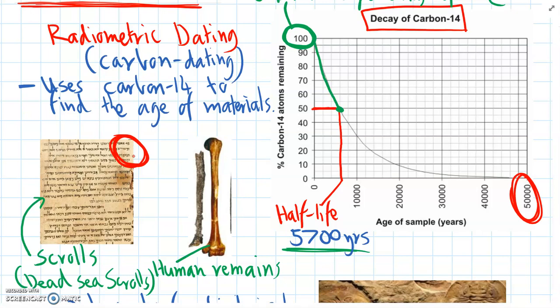And for the Dead Sea Scrolls, they worked out that they had about 70% of the carbon-14 left. And now, because we have our graph that's always the same, we can measure down from 70%, and they came out with a number of about 2,200 years.